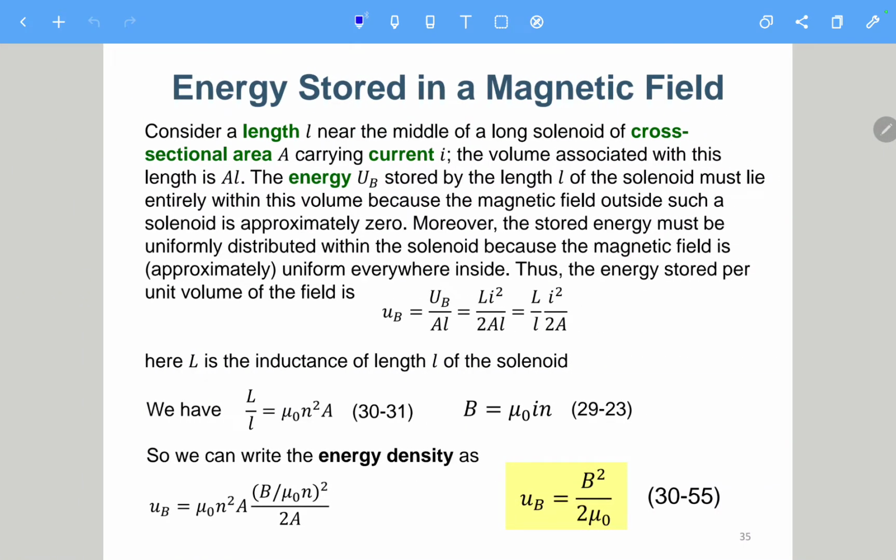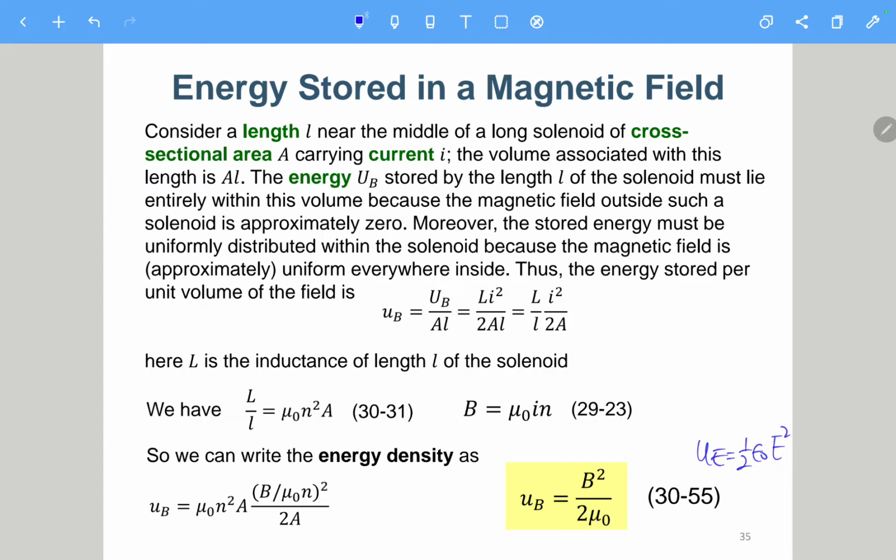So next, we talk about the energy density, just like what we have done in chapter 25 for the energy density in the electric field. At that time, if you still remember, UE is 1/2 epsilon naught E squared.